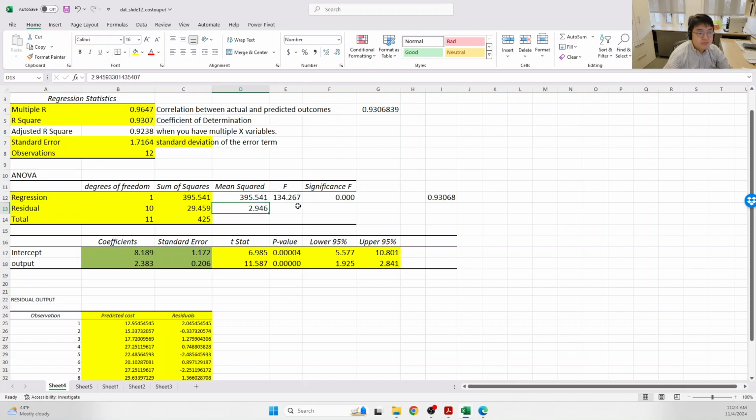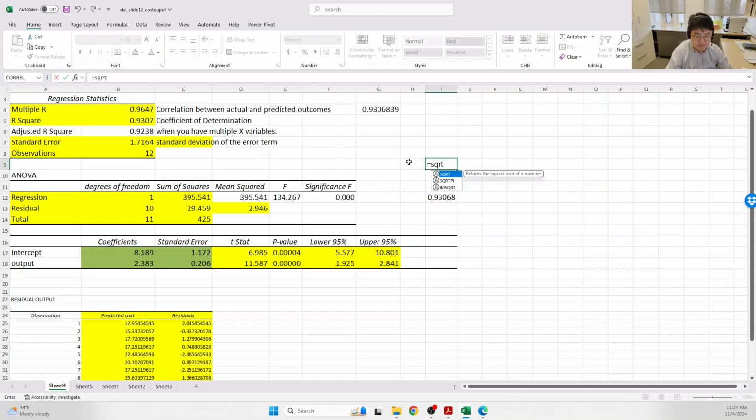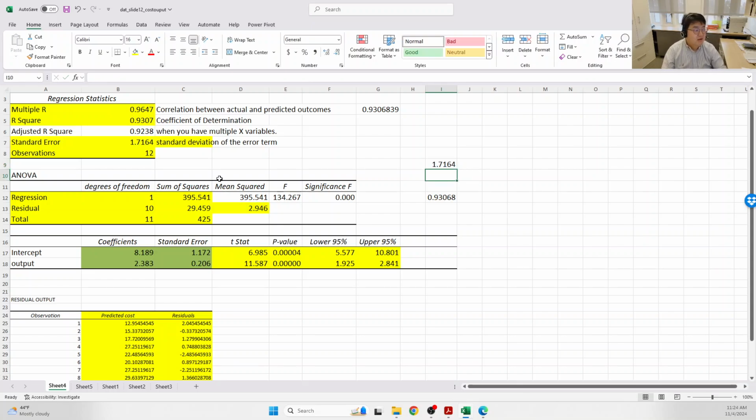And what's interesting is this is related to the standard error, because if you take the square root of the mean squared residuals, then you get the standard error, right? The mean squared residual is the variance of the residual. If you take the square root of that, it becomes the standard deviation, right?